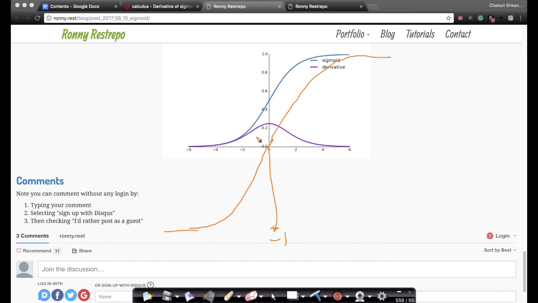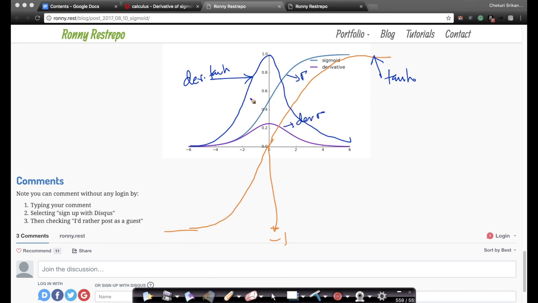And its derivative looks like this. Sorry, let me get a different color. Its derivative looks like this. This is your tanh. This is your derivative of tanh. And this is your sigmoid, and this is your derivative of sigmoid.